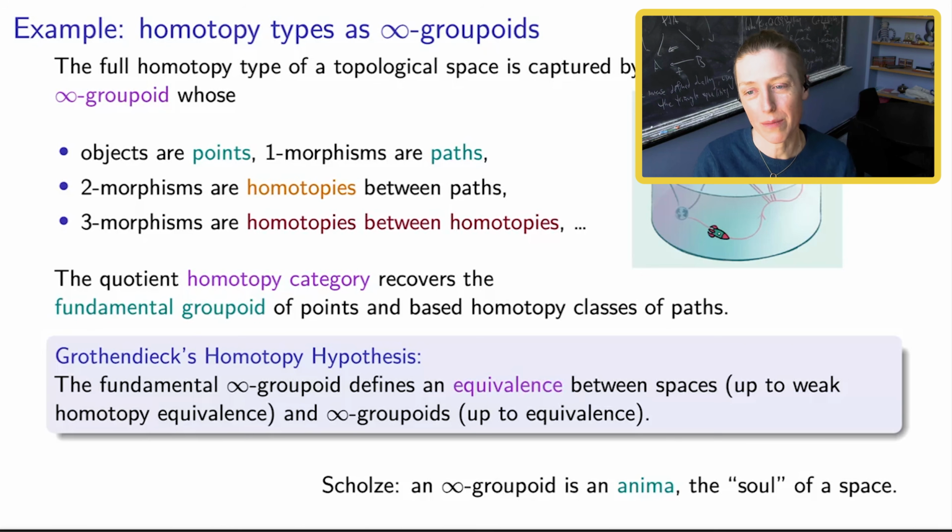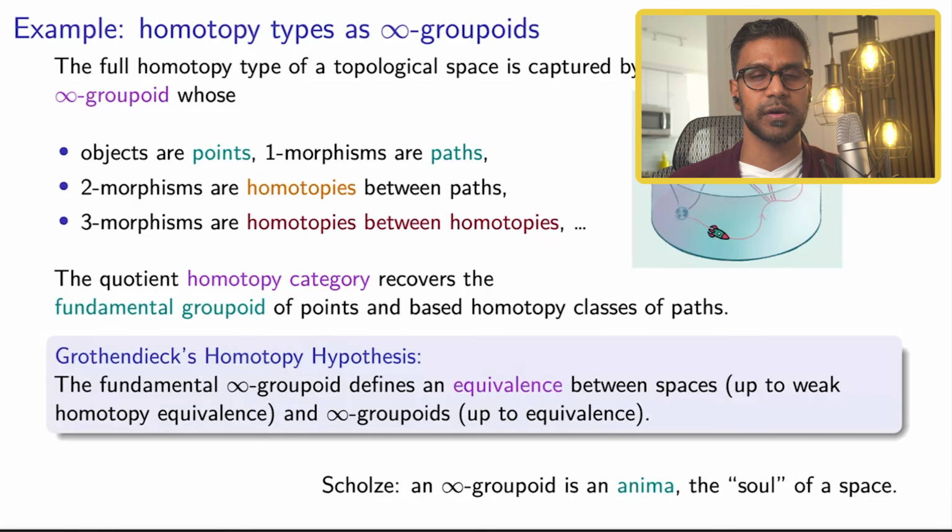So you start with some collection of points, and then you attach some paths, and then some two-dimensional disks and some three-dimensional disks, and so on and so forth. CW complexes are a way to build explicit homotopy types, and that can equally be understood as a construction of an explicit infinity groupoid. Those aren't the only examples or the only ways of constructing them, but yeah.